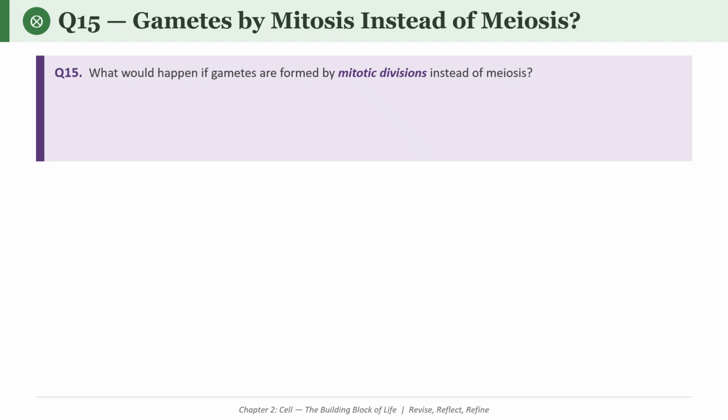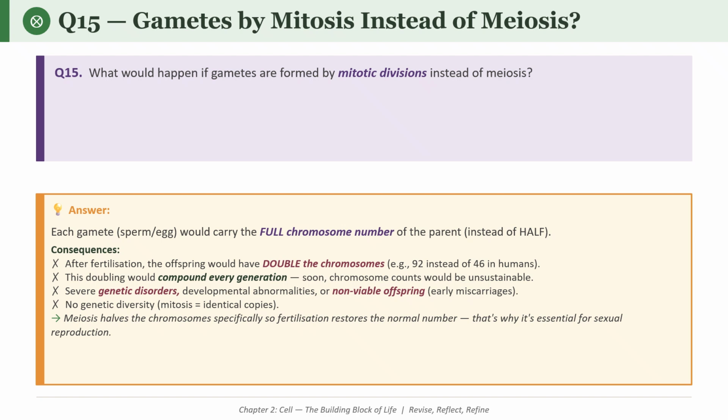So what would happen if gametes are formed by mitotic division instead of meiosis? We already know mitosis happens in somatic cells or the body cells. Meiosis happens in reproductive cells. Let's see the answer. Each gamete would carry the full chromosome number of the parent instead of half.